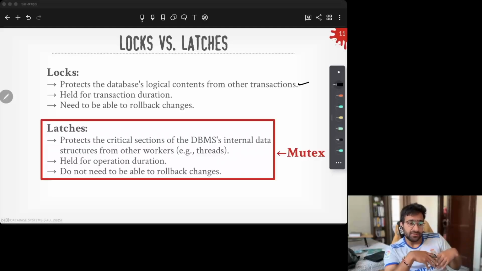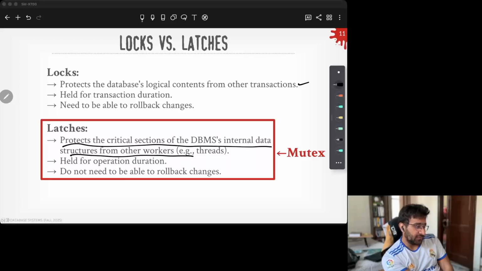These are for our internal writer workers or reader workers that we deploy. So these protect the critical sections of the database's internal structures from other workers' threads. So the latches are what we deal with as database engineers, right?